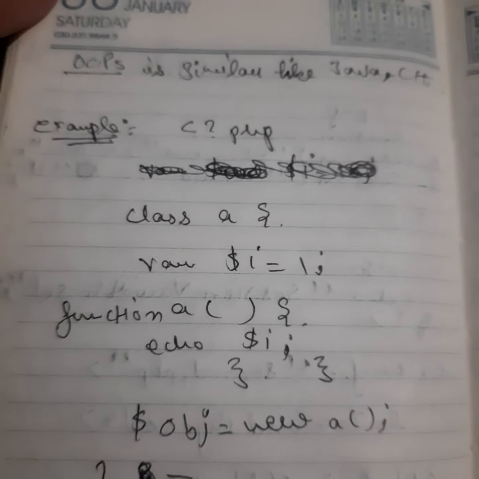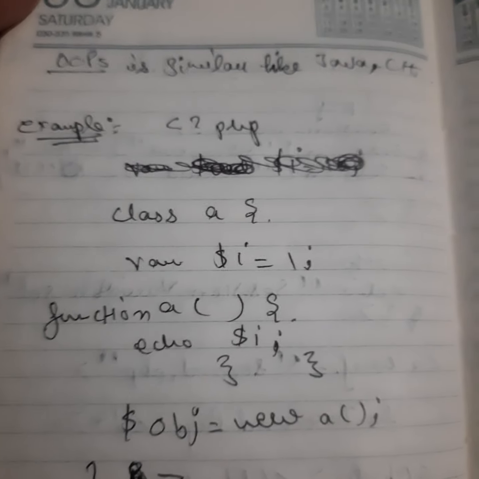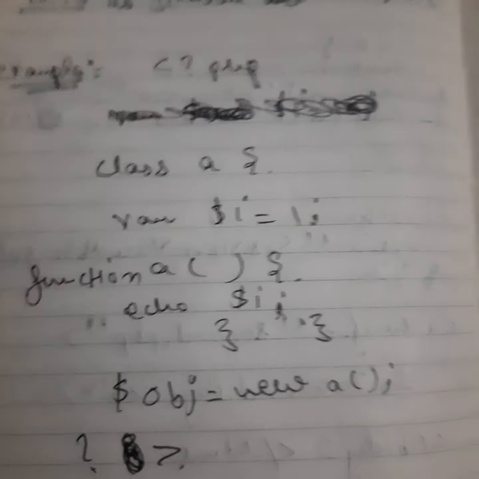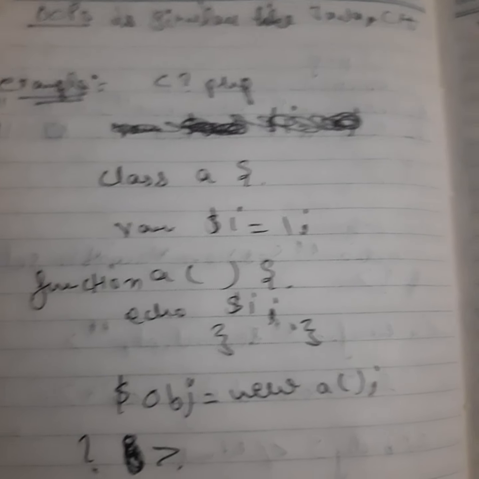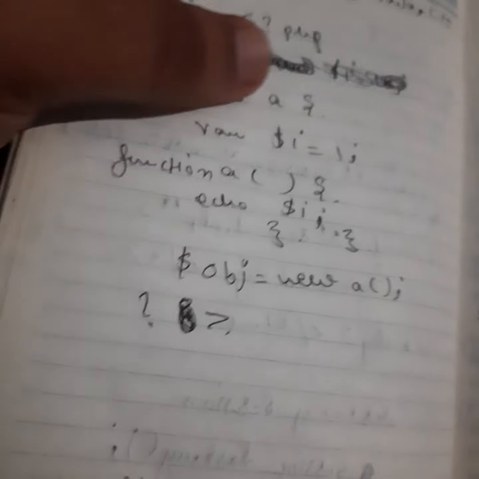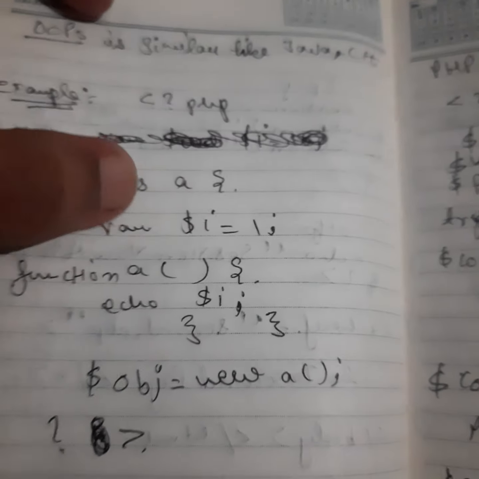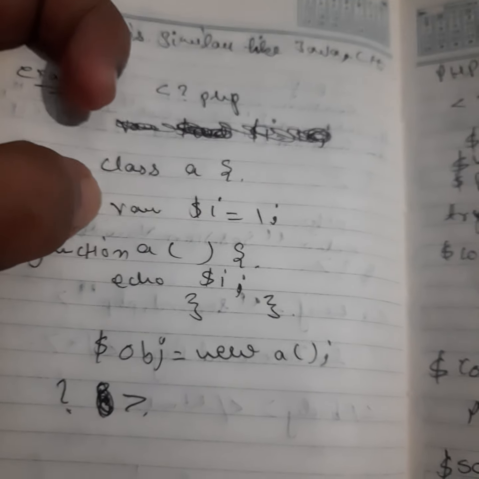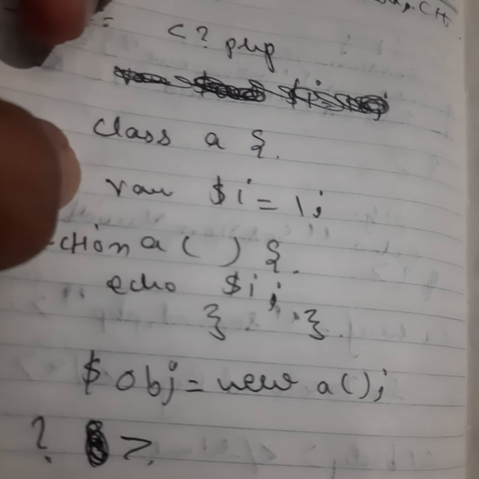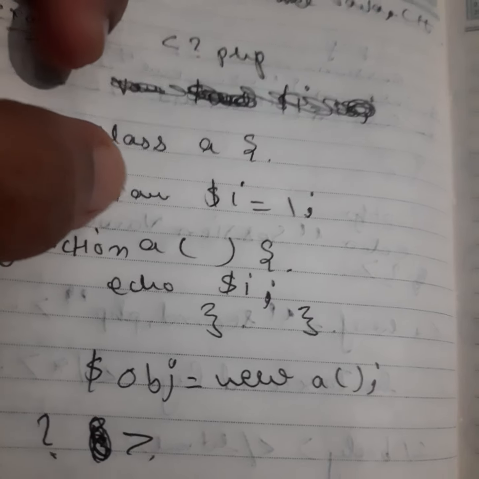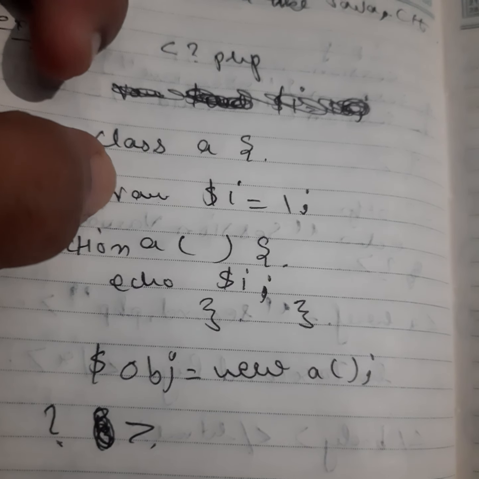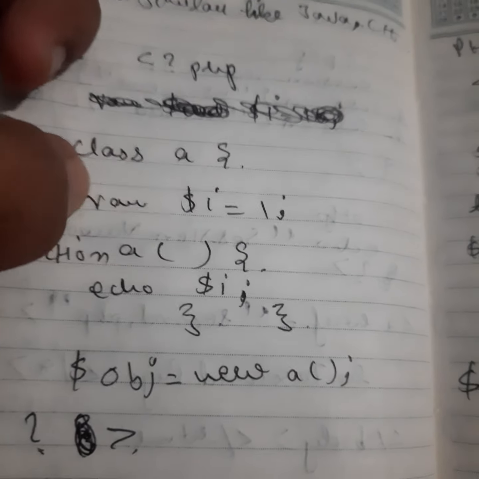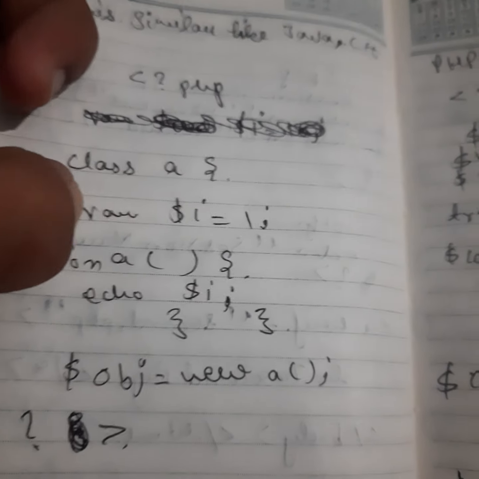All the methods are the same, and the syntax is the same too. Class definition: first we open the PHP tag, then we declare class A. Just note that variable declaration is different; dynamic variable declaration is used.